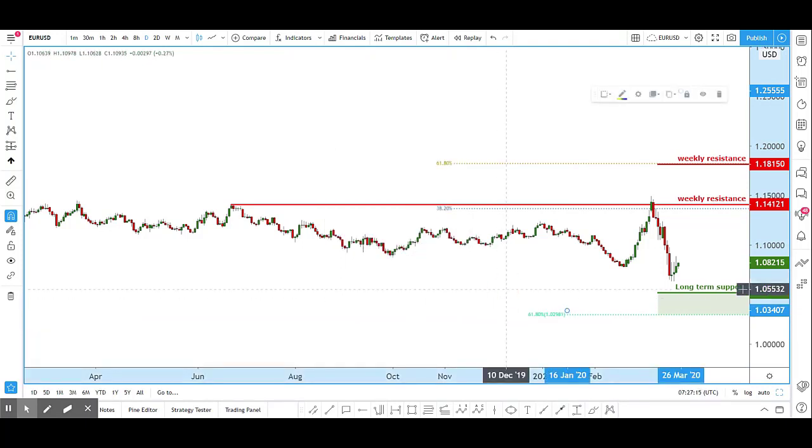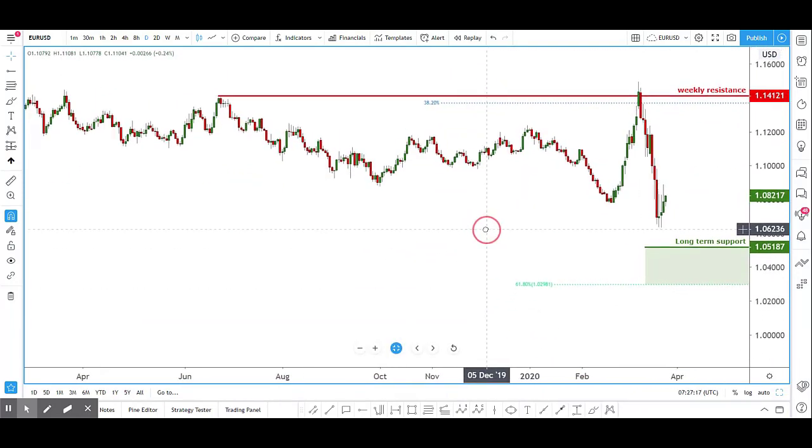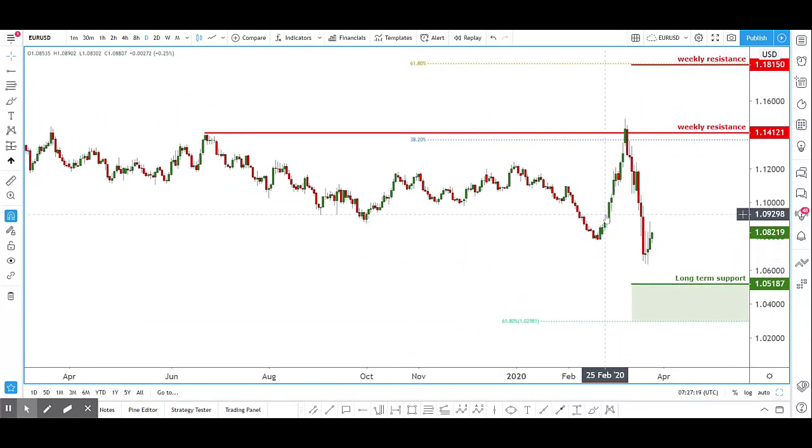Okay, so now we have a clearer picture here. Okay, like I said, expect the price to push down towards the long-term support before any push up to the weekly resistance. But now we're on the daily. We want to see whether there's any short-term daily support level, graphical support level, and graphical resistance level.